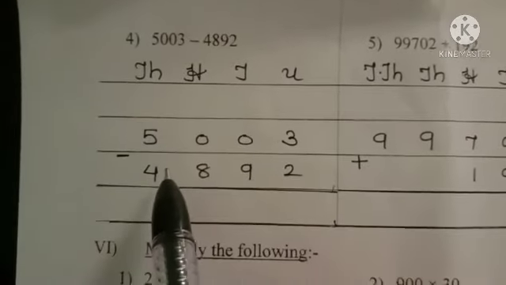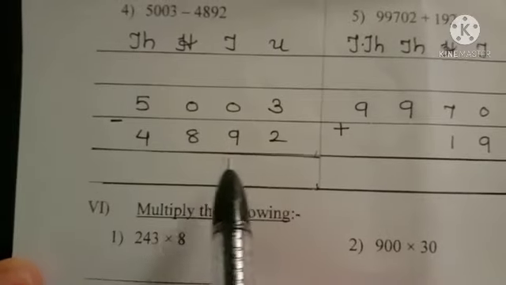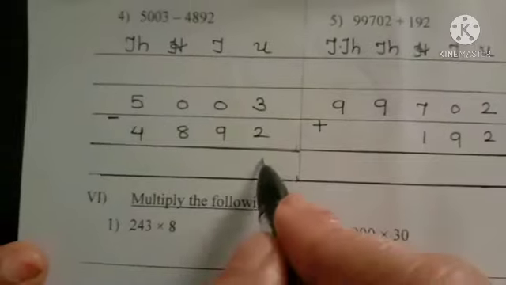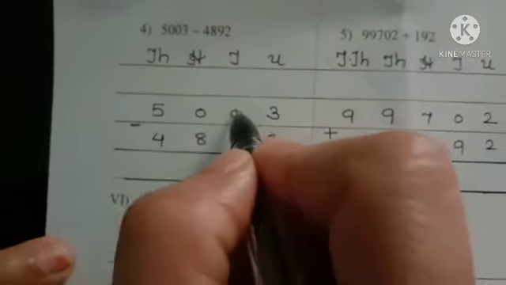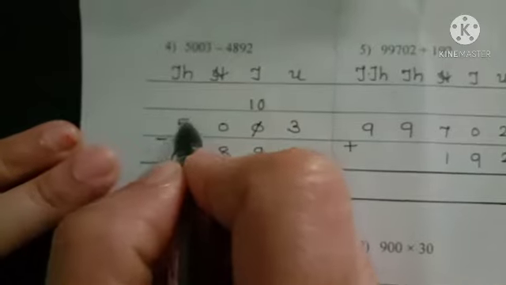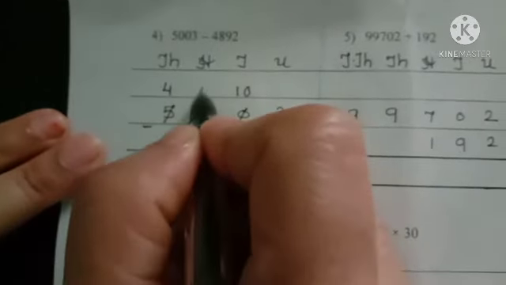Now example number 4 is 5003 minus 4892. So arranging both the numbers vertically. 5003 minus 4892. Subtracting from units place. 3 minus 2 is 1. We can't subtract 9 from 0. So we'll make here 10. So see, here also 0 is there. So we'll take 1 from thousands place.